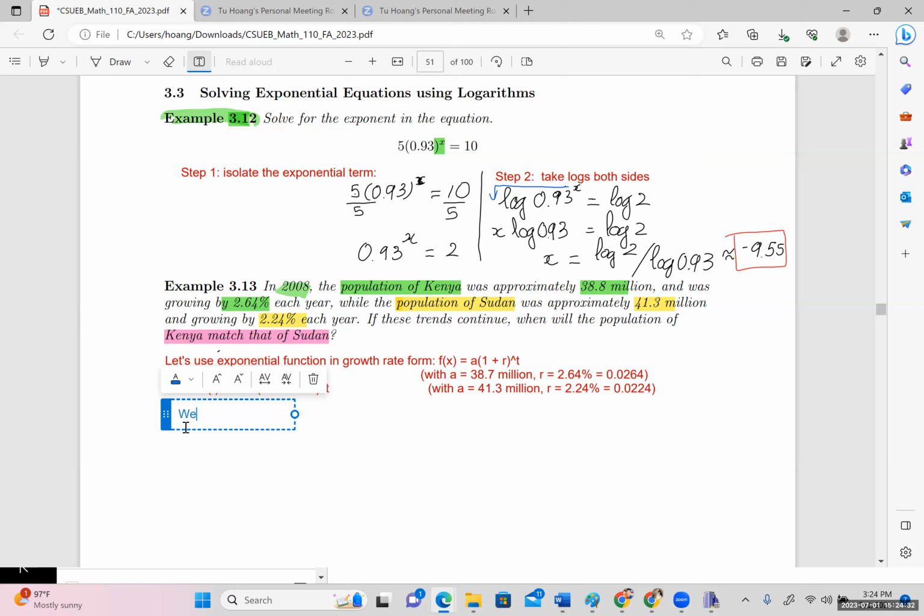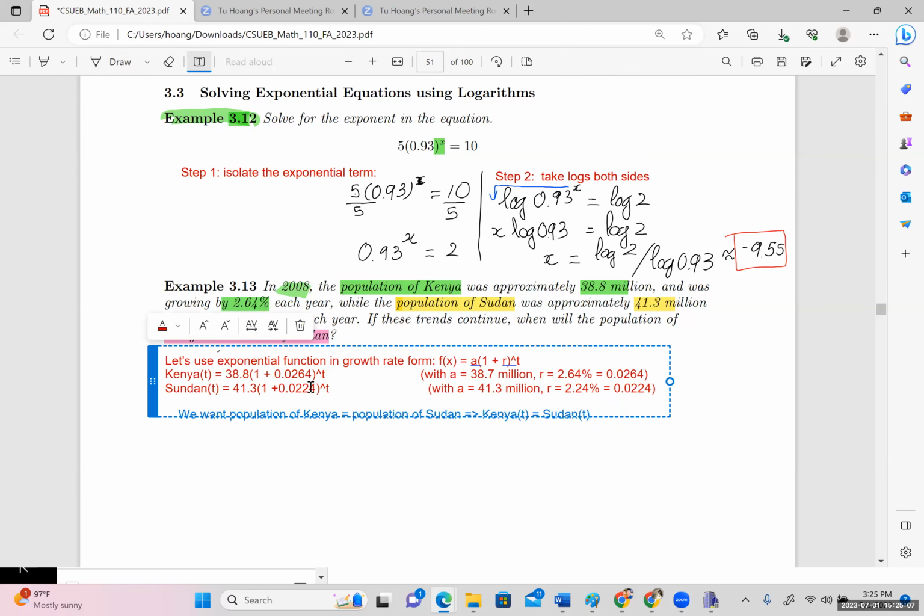Since we want the population of Kenya to equal the population of Sudan, that means we want Kenya of t equal to Sudan of t.